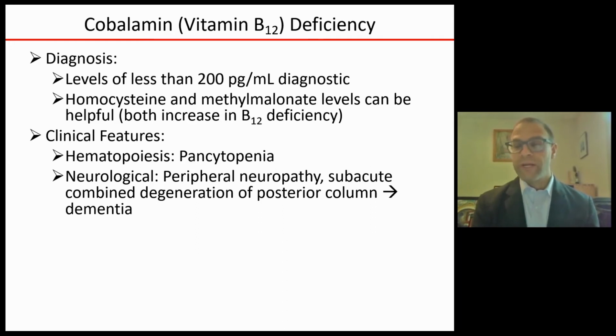And when severe, it can be a cause of dementia. Neurologic symptoms don't really happen with folate deficiency, although we do see core development issues in the fetus when folate deficient.